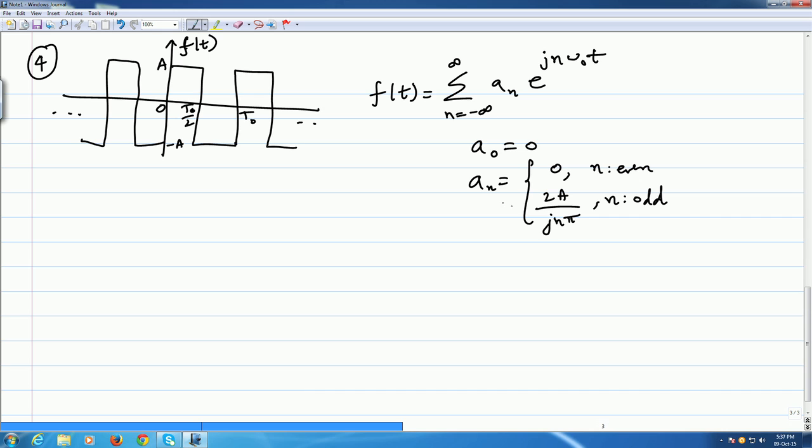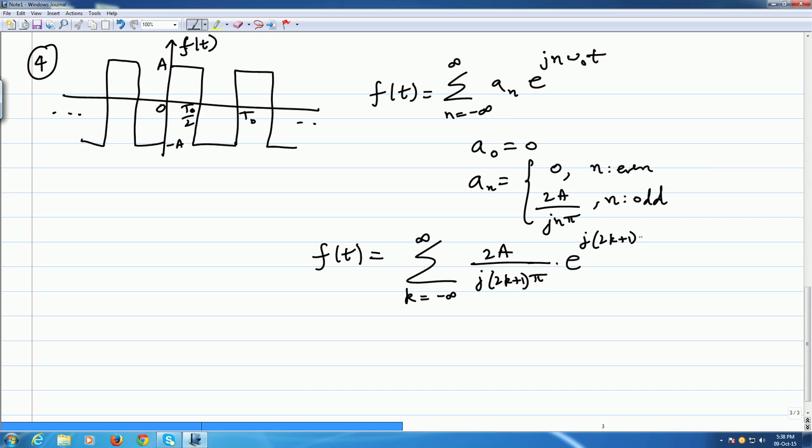So, using this formula, f of t can be written with a naught as 0 and a n non-zero only for n odd. One can write this as the sum over k equals minus infinity to infinity of 2a by j 2k plus 1 pi, times e power j 2k plus 1 omega naught t. What is omega naught?